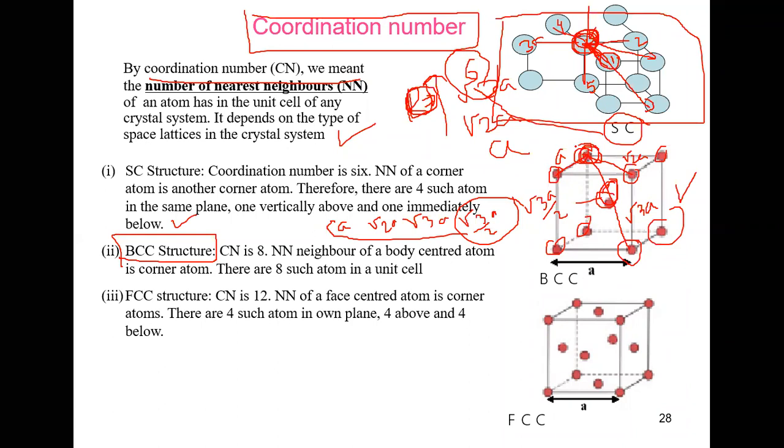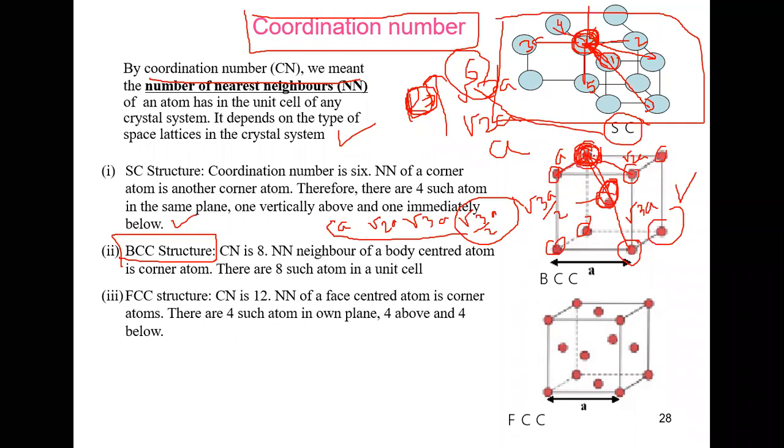So we should count the number of atoms at a distance root 3a by 2. If you choose this one as a reference atom, you can see this atom is the nearest neighbor.